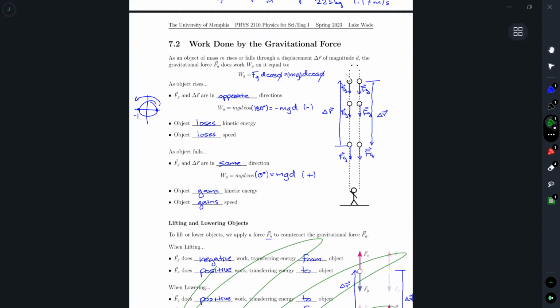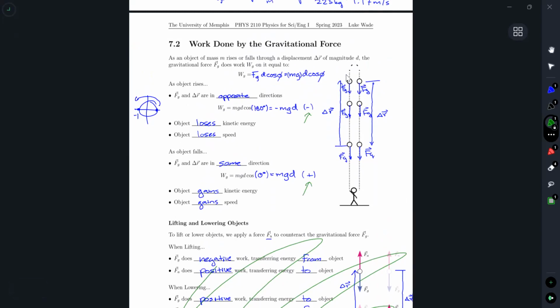So if you realize that something is slowing down, which it would be when something is being thrown upward in the air, then negative work is being done. If something is speeding up, like when that object's falling back down, positive work is being done. So that's more a conceptual thing.